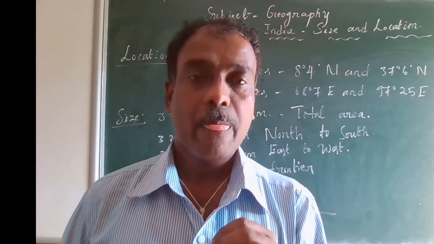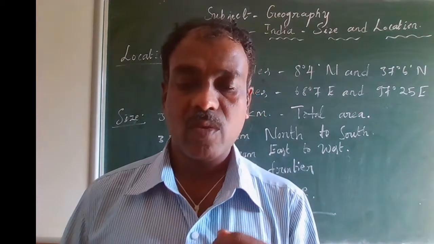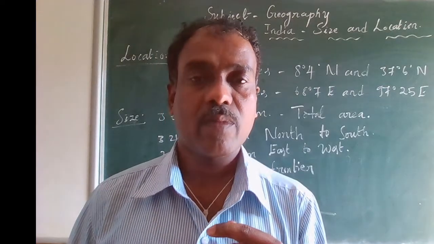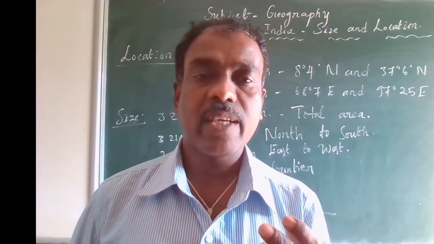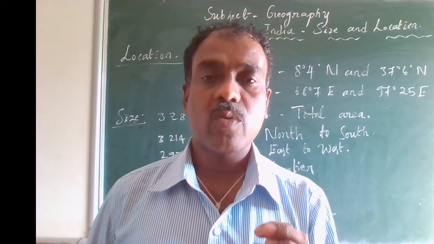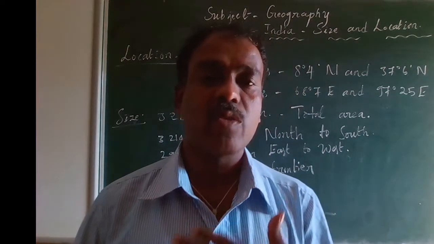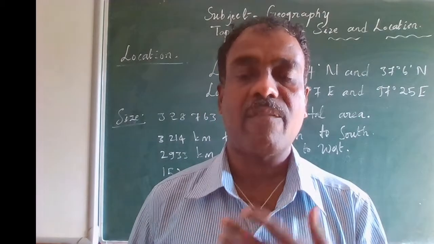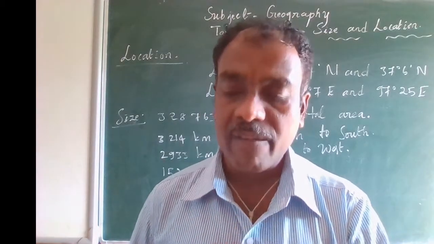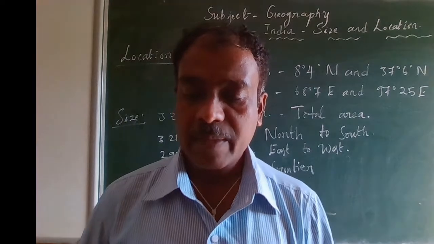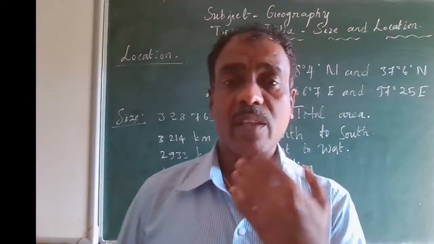Even the present day, we are following the 82 degree 30 minutes east longitude as the standard meridian of our country, or the standard meridian of India. It is for the whole country.